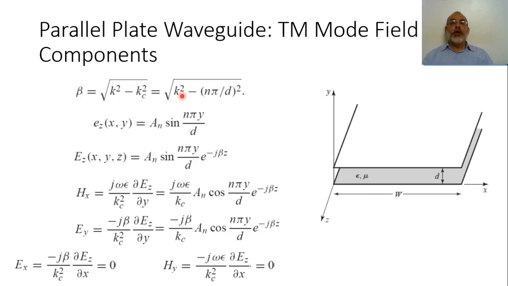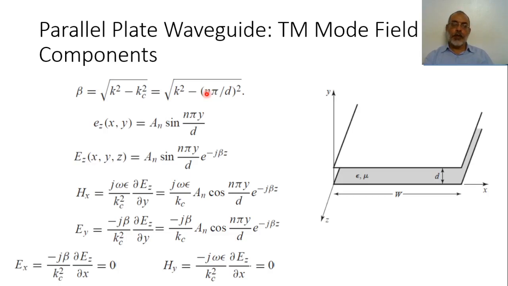So if the frequency is greater than the cutoff frequency of the nth mode, this nth mode would be propagated. If it is less than that, this nth mode will be stopped, or evanescent.